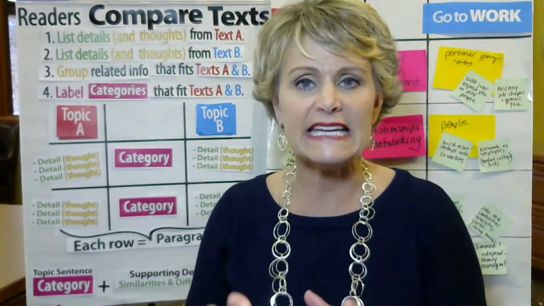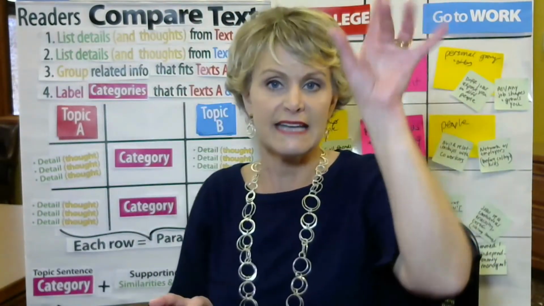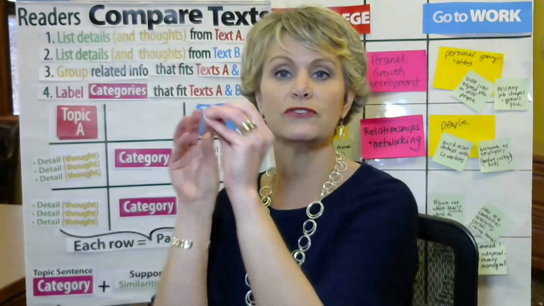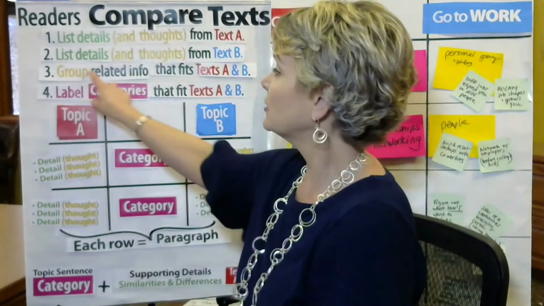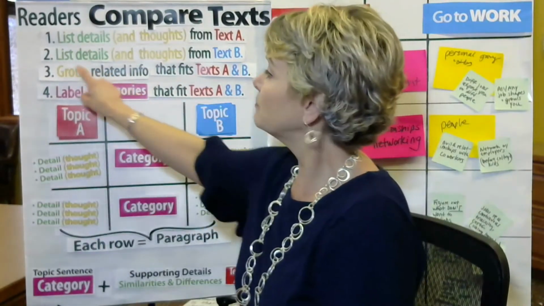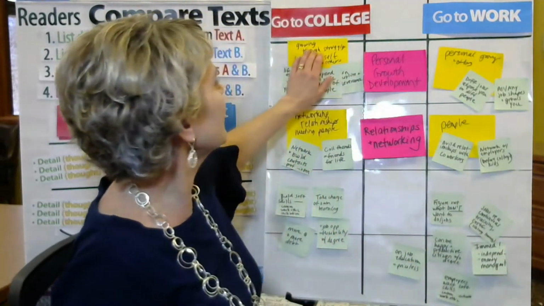And the key is that you first list everything you know, and then start with one side only, and you start to find 2 or 3 or 4 details that go together that you could group together. And you put that thinking, what you're thinking about the group, why are you putting those together?